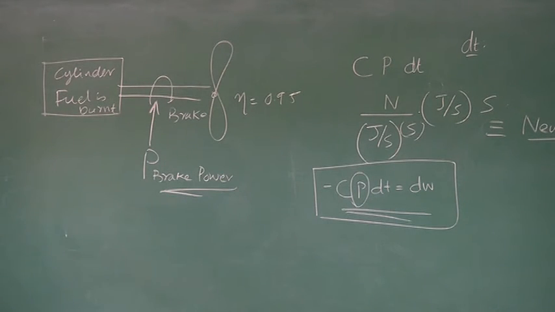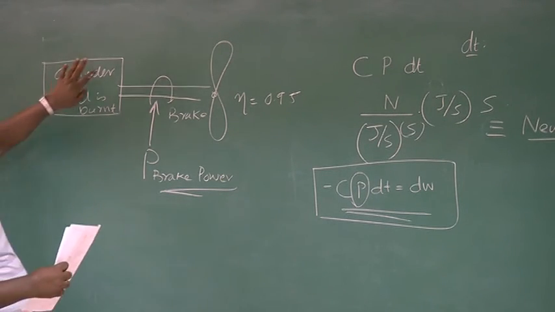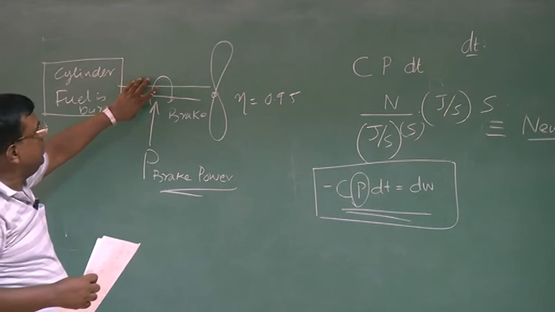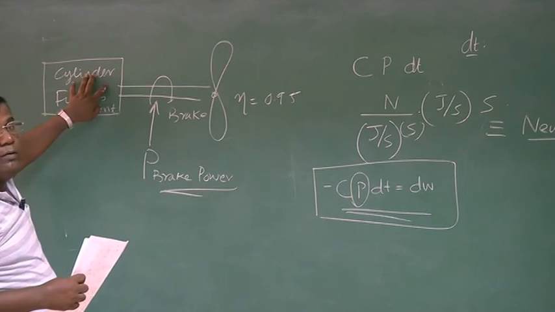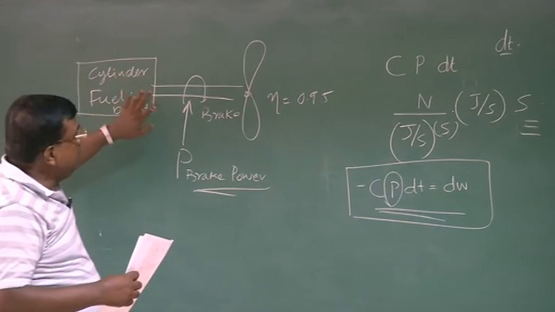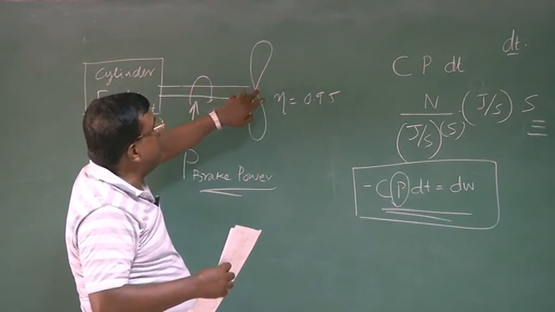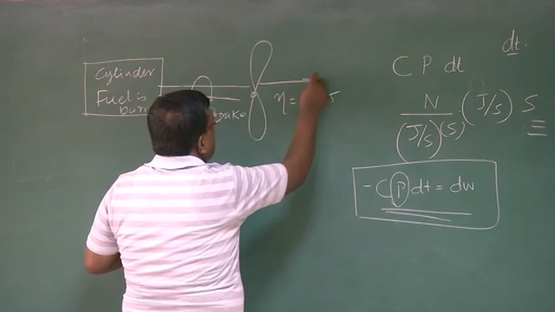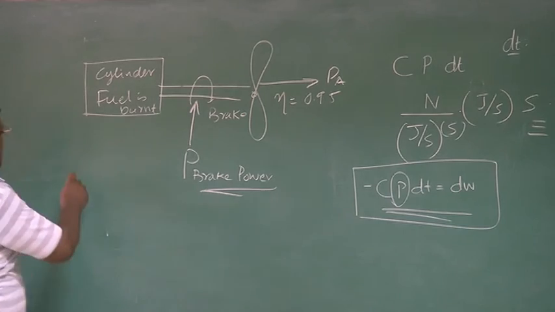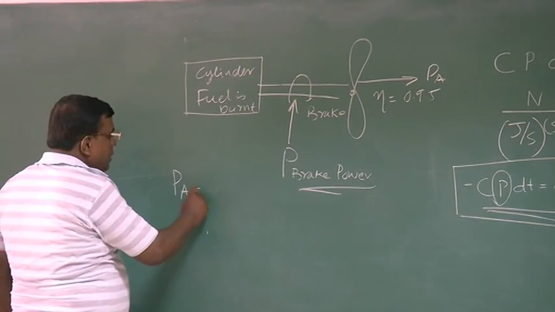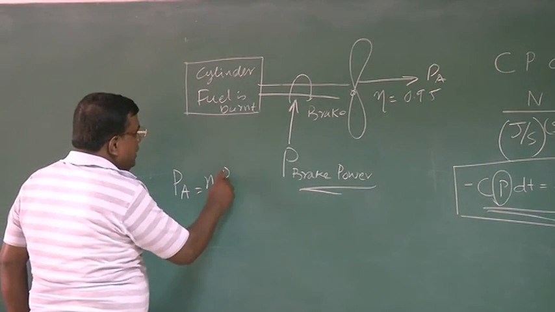Because fuel is consumed and this power is available at the brake, this P is directly linked to the fuel burnt here. This P is not the power available for the machine. For the machine, the power available will be eta times the power at the brake.